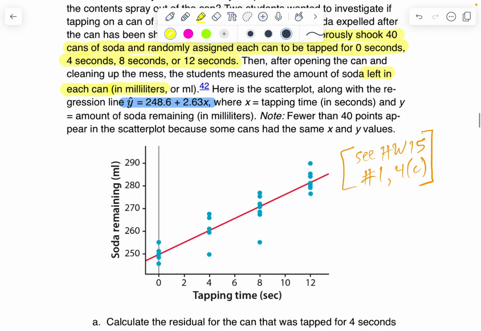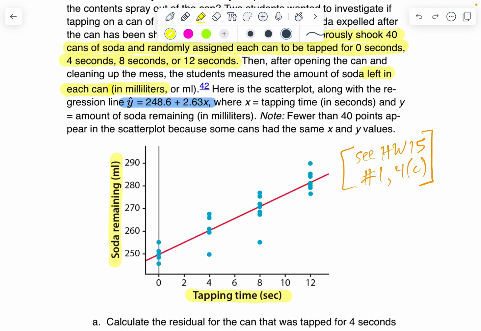You plot all the data where the tapping time was the explanatory variable and the soda remaining in the can is the response variable. You get these dots stacked on top of each other because they tapped several cans for 8 seconds, so each one gave its own reading.